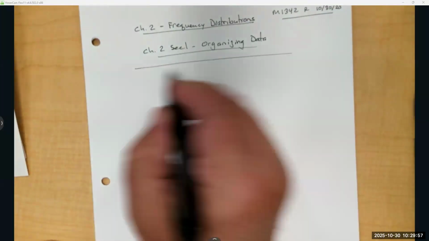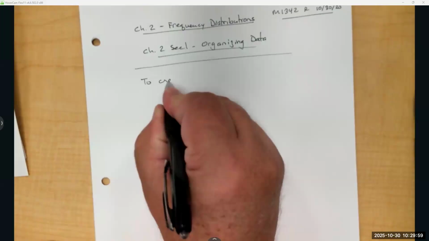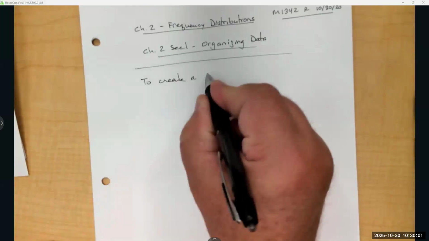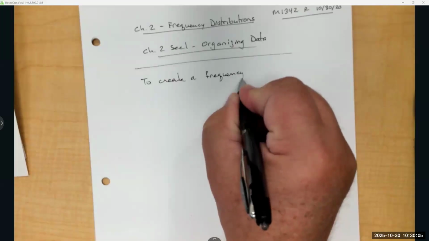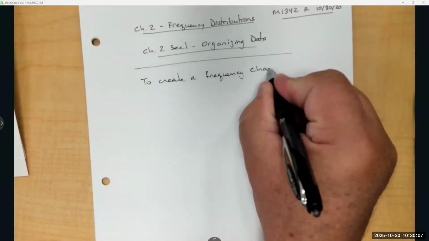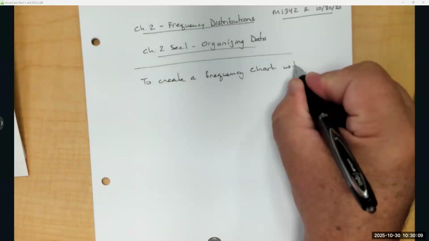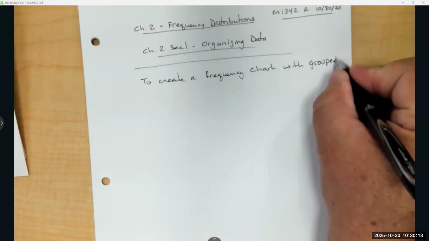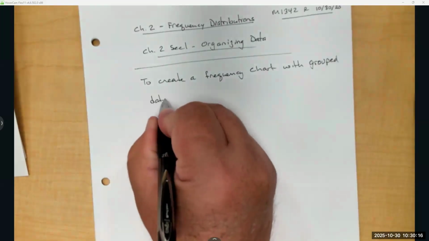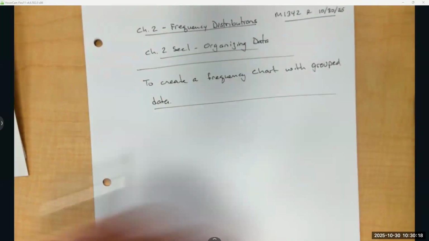So to create a frequency chart with what's called grouped data. Why is it called grouped data?